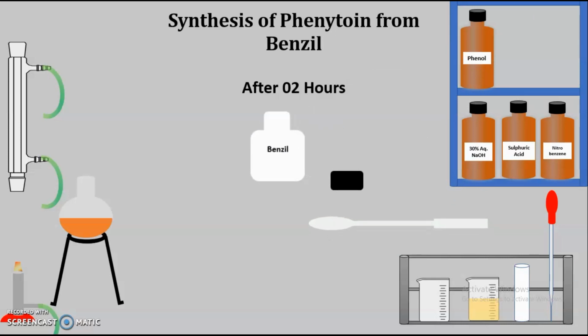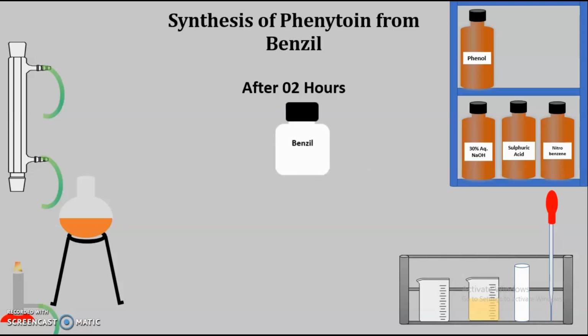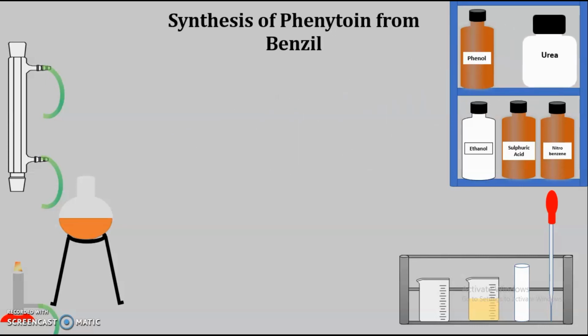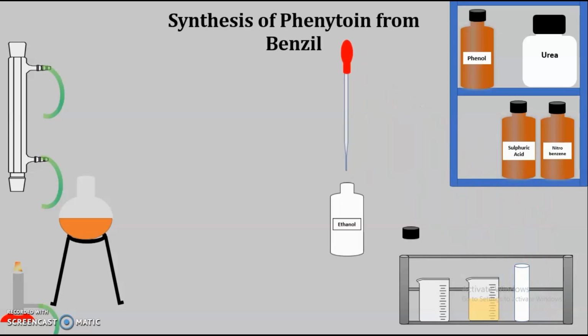Take the required quantity of the benzil with the help of this spatula, weigh it and transfer it into our RBF. Next, once we have taken the benzil, we also have to take the ethanol, that is 10 ml of ethanol. With the help of a measuring cylinder or pipette, we can measure this ethanol and take it into the RBF.